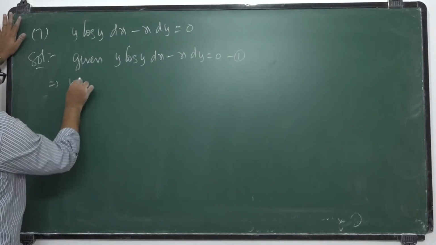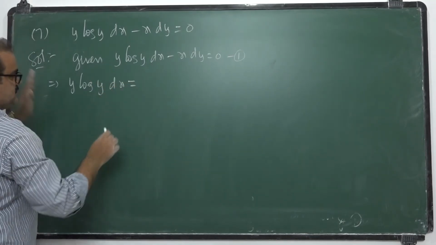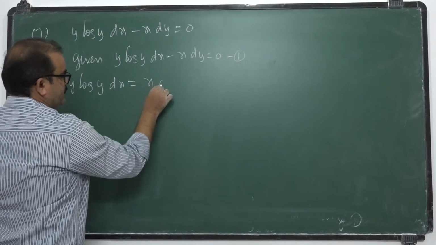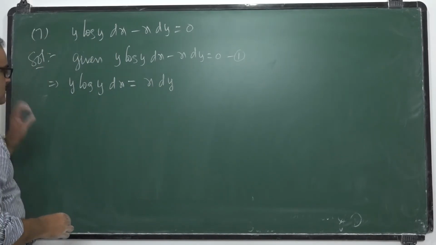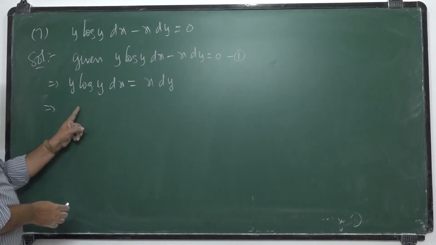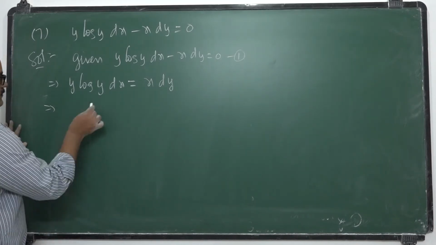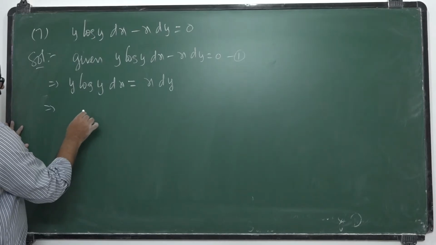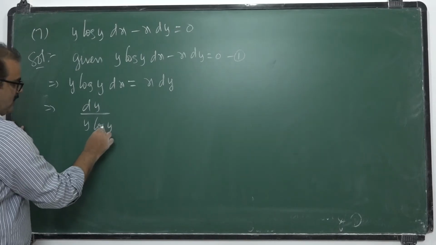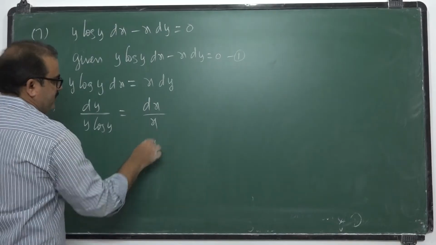Write this equation as y log y into dx is equal to, take this second term to right hand side, x into dy. Now separate the variables. In LHS you write the variable containing y, so write it as dy by y log y is equal to dx by x.